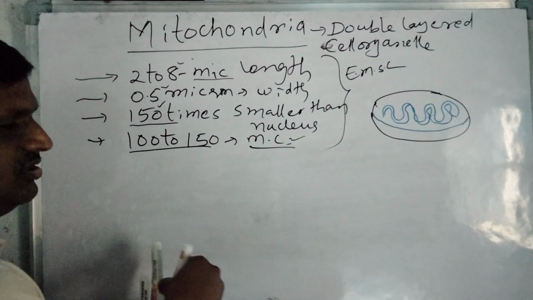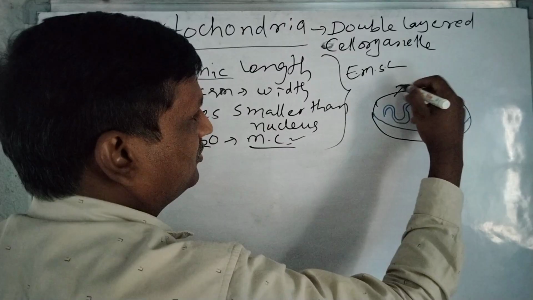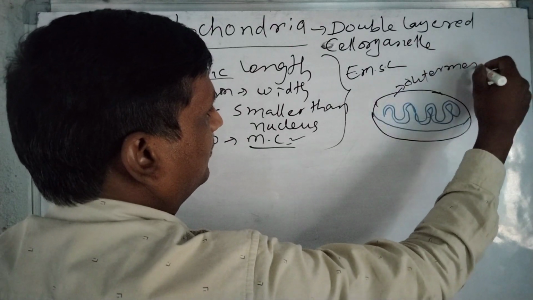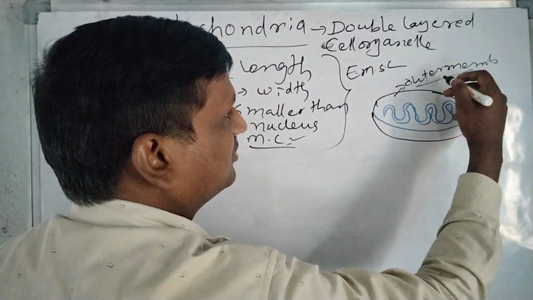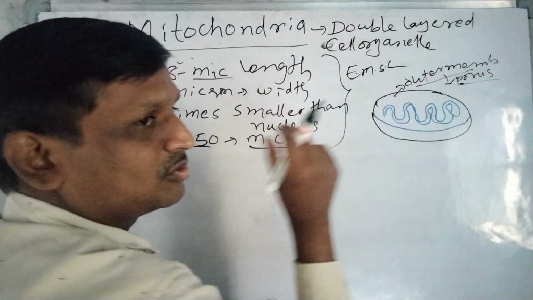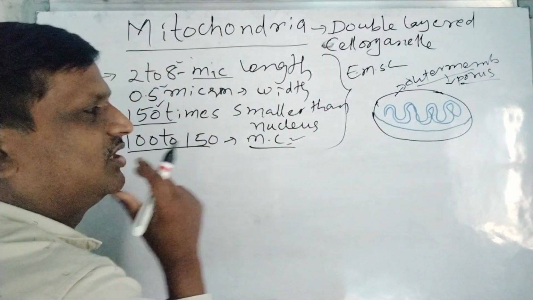This is a double-layered membrane. The outer membrane of the mitochondria is porous, which means there are some small fine holes present in it.